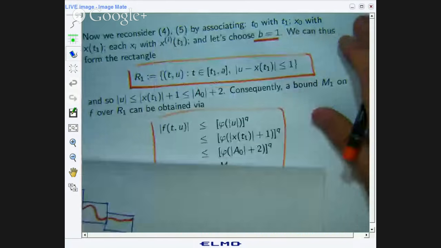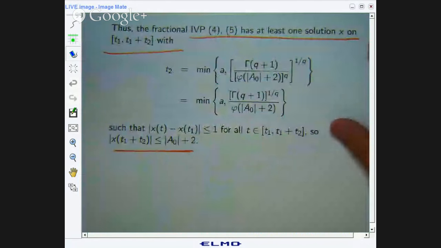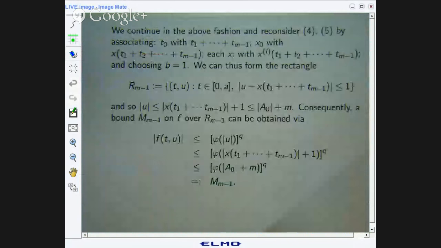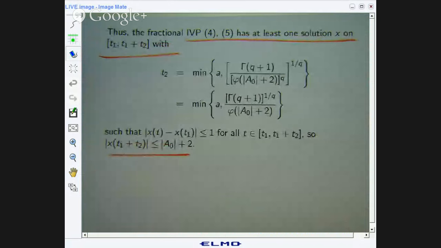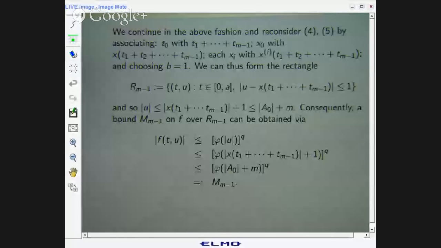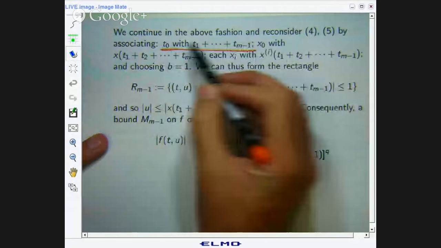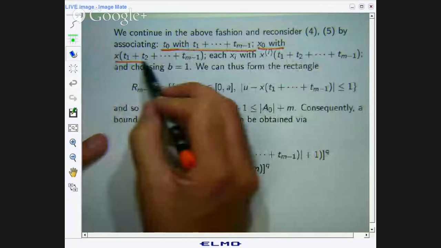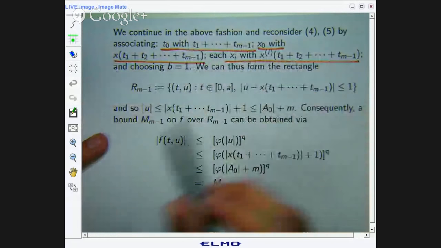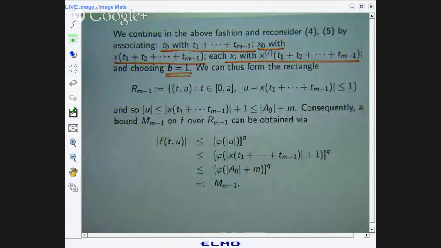What about a third rectangle? Well, I'm not going to do it one more time. I'll do the general case now. So the mth rectangle, if you like, or the m minus 1th rectangle. If we keep on going in that fashion, we associate T0 with this sum here, X0 with this here, each xi with this, and we continue to choose B equals 1.